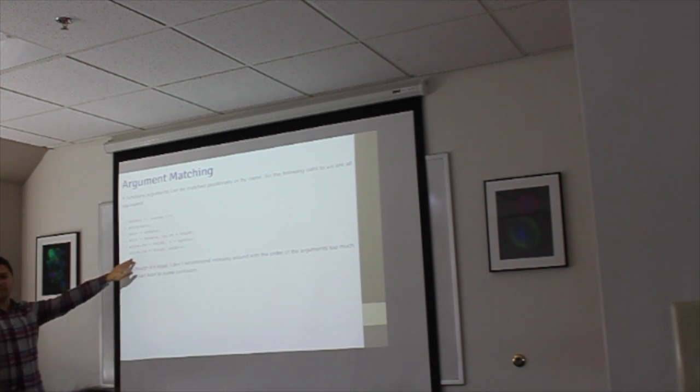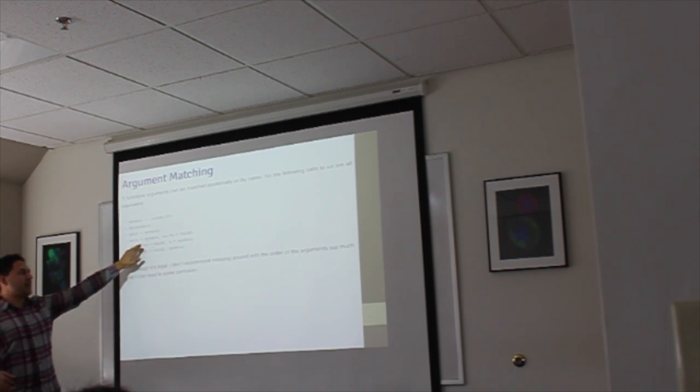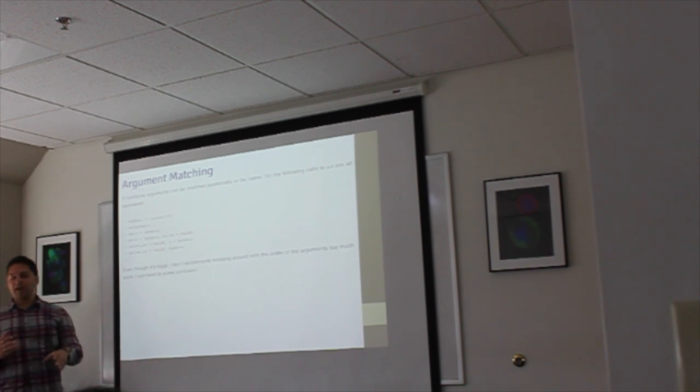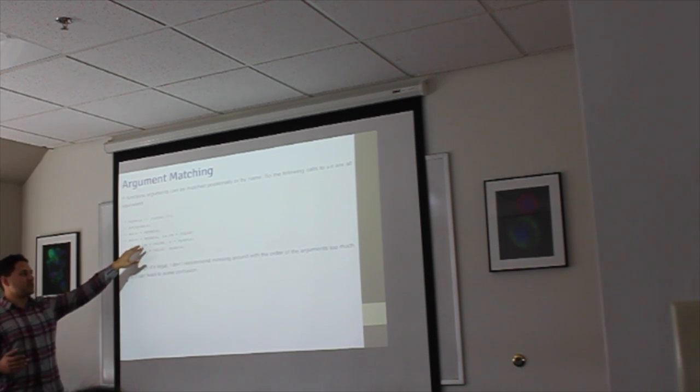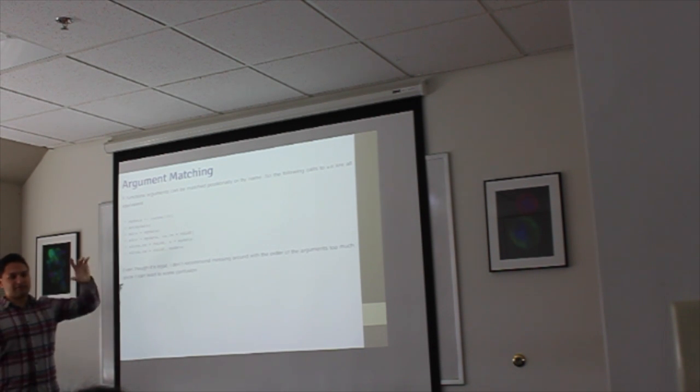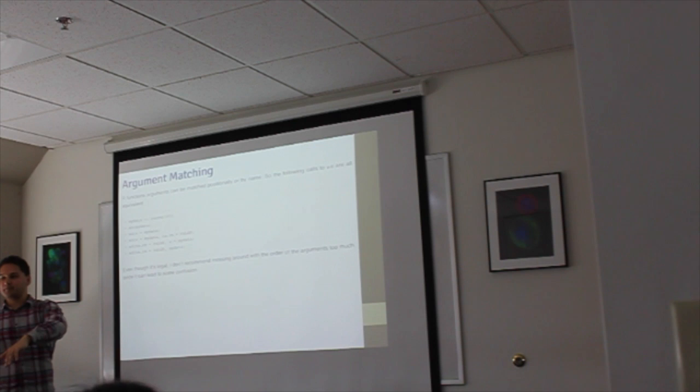So if I were to define a new standard deviation function, and I wanted it just to take a list of values and remove NAs if I wanted it to, I would say function of x, comma, na.rm.